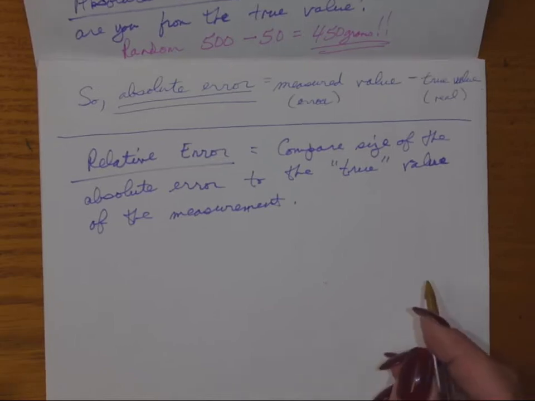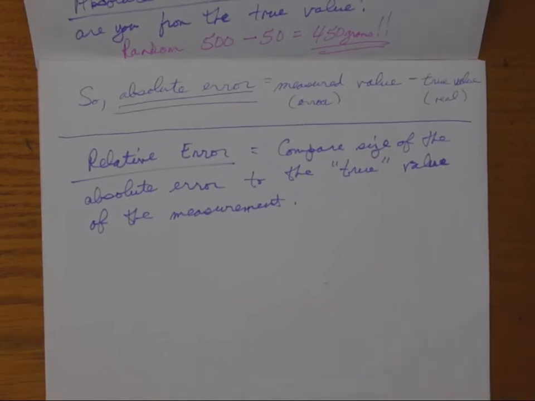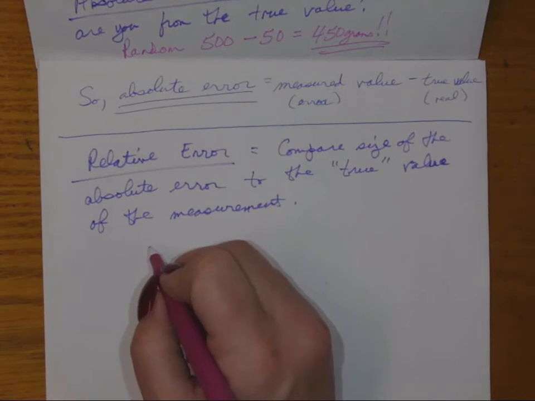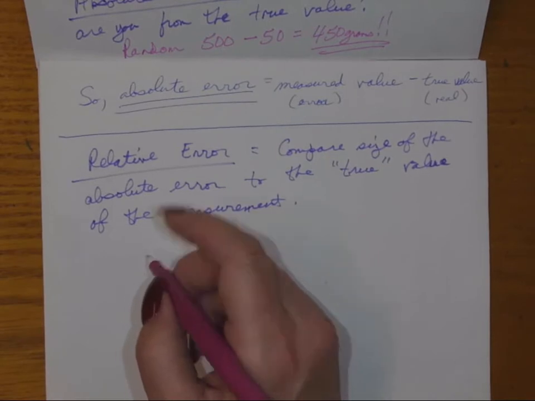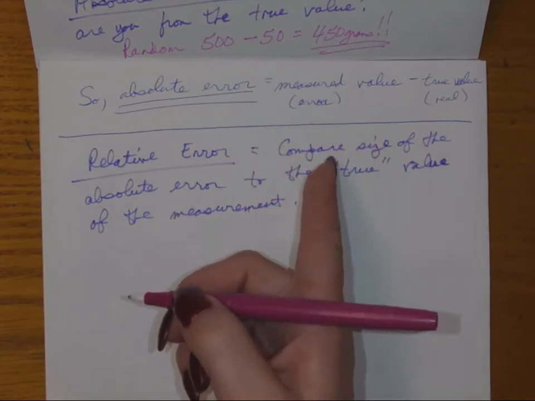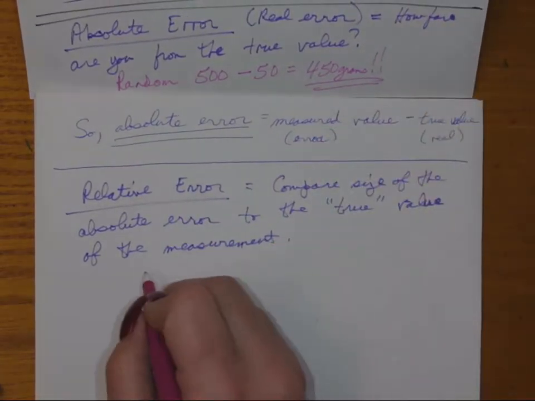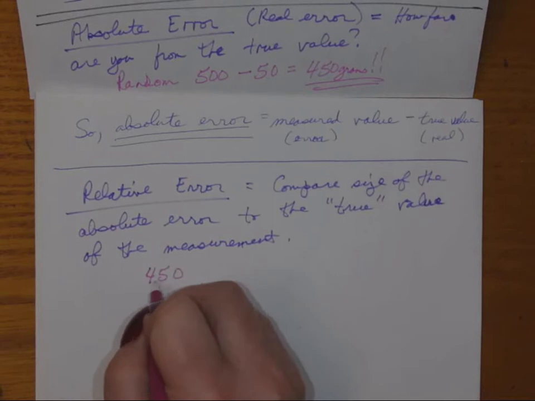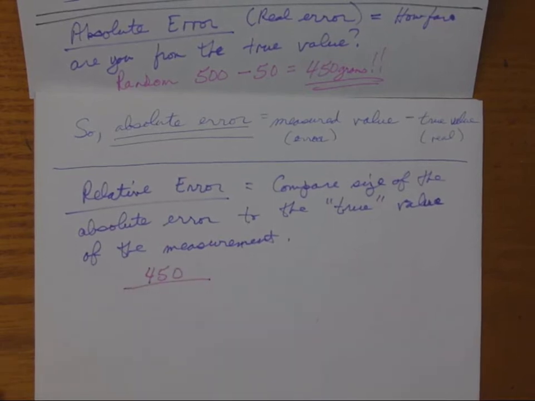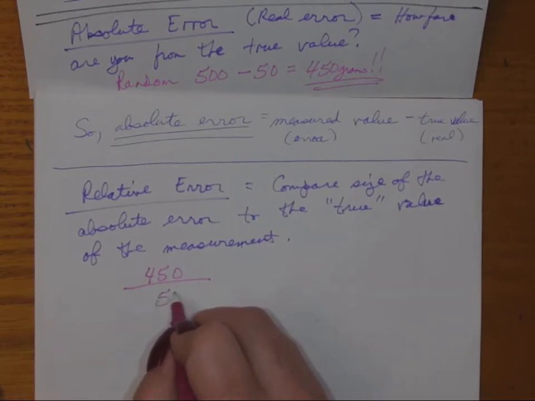So here we go. In order to calculate this relative error, what am I going to do? Well, I told you we want to compare the absolute error, which we already figured out. Our absolute error was 450. So we're going to build a ratio. That guy goes on top, 450, related to the true value, which we said was 50.